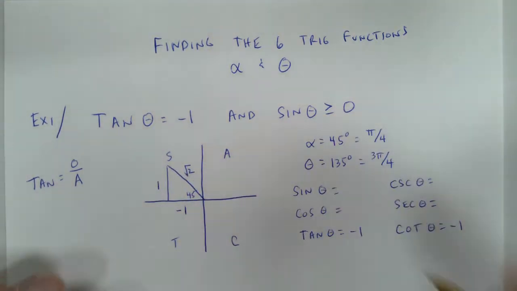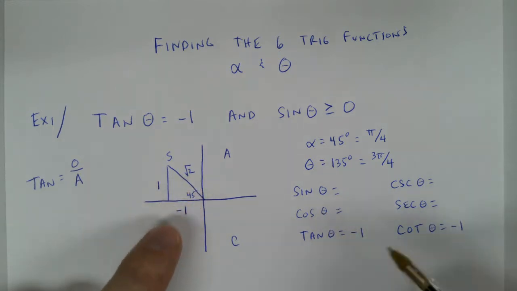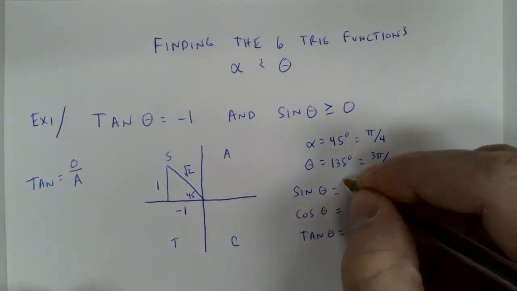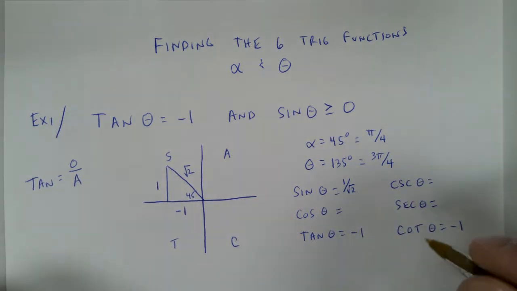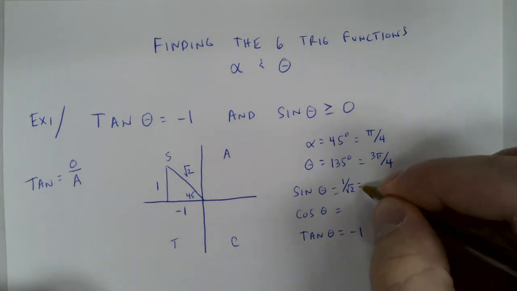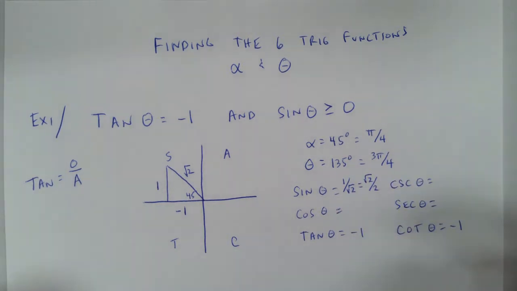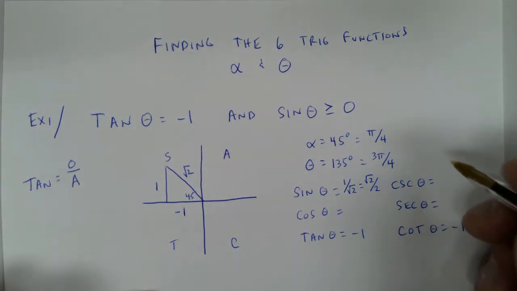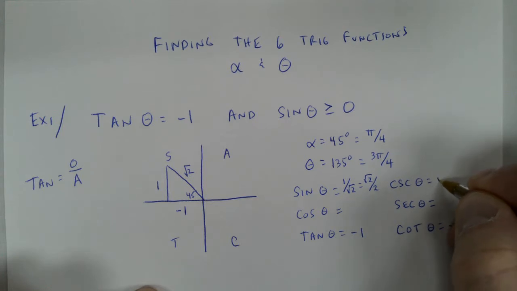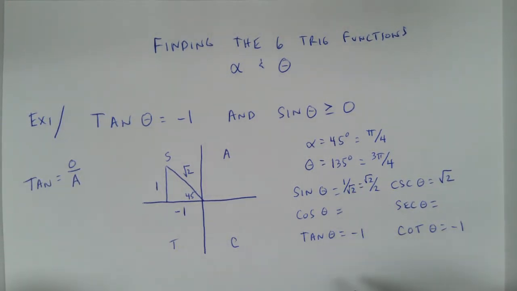We know this is a 45, 45. So opposite over hypotenuse is going to be 1 over radical 2, which is radical 2 over 2. Cosecant, we know, is going to be simply radical 2. Take the reciprocal of 1 over radical 2.